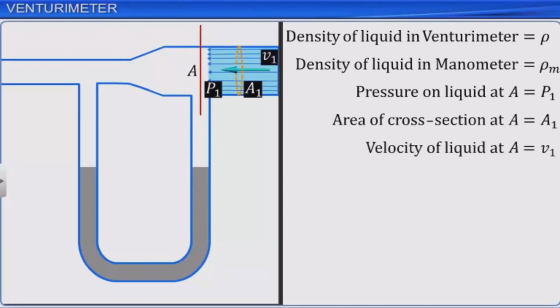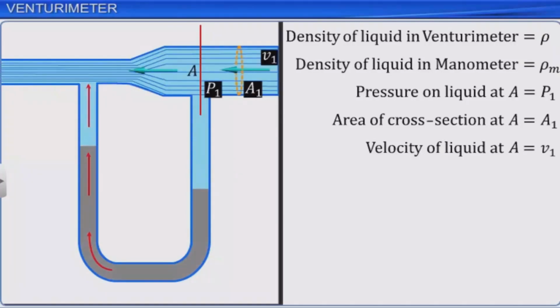As the liquid heads for the constriction, the area of the cross-section of the tube decreases, and hence its velocity increases, decreasing the pressure therein. This decrease in the pressure at the constriction creates a vacuum and sucks up the liquid in the manometer limb.